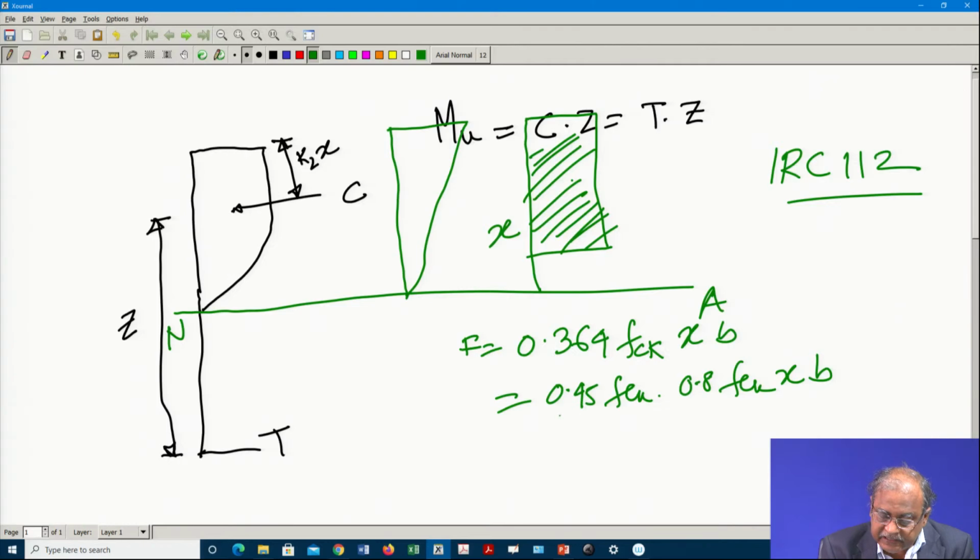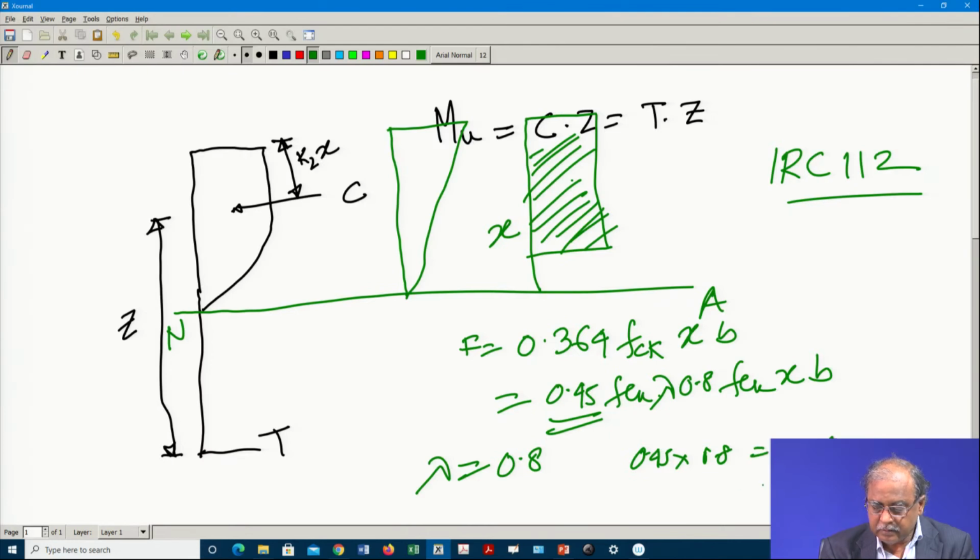Since I have written here 0.45, I shall give something lambda, where lambda equal to 0.8, so that 0.45 into 0.8, and so we get 0.36, and here also we get the same value.